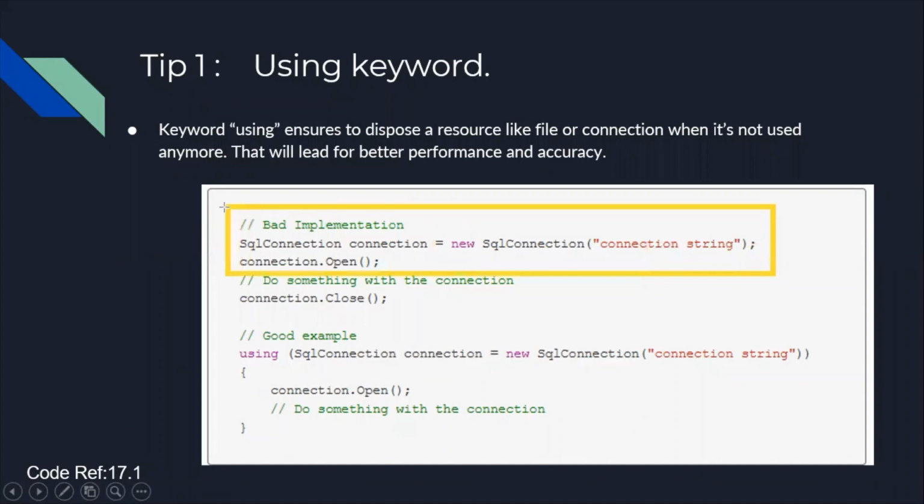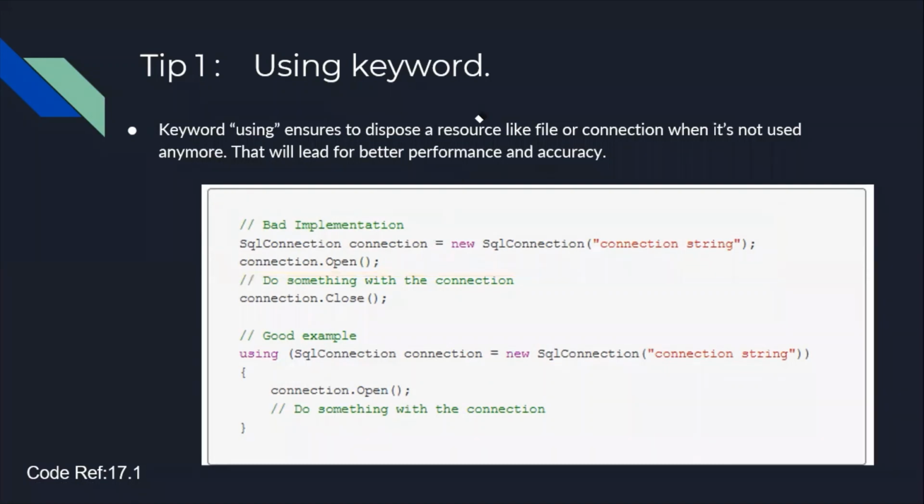This is considered a bad example as you are opening the connection and closing the connection by hand. But to make this automatic, you can use the keyword using. The good example: the using keyword manages and handles disposing a resource if it is not used anymore.